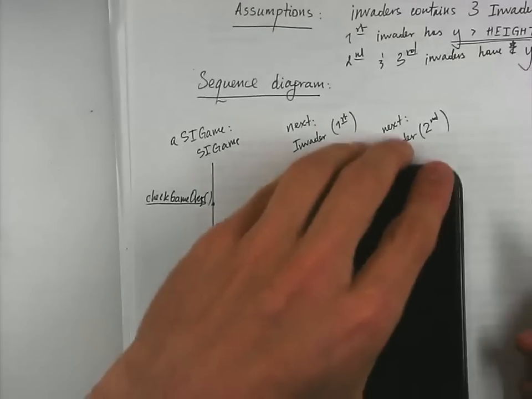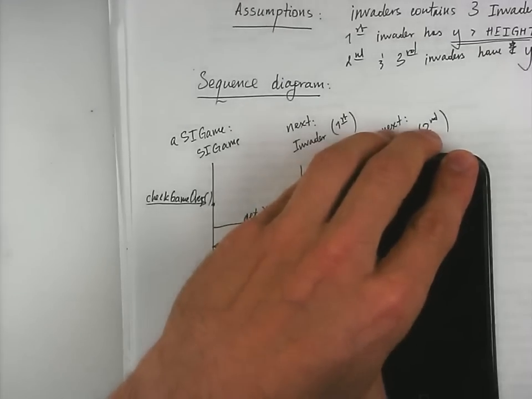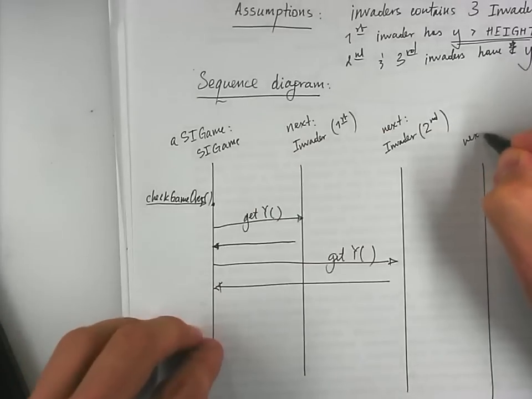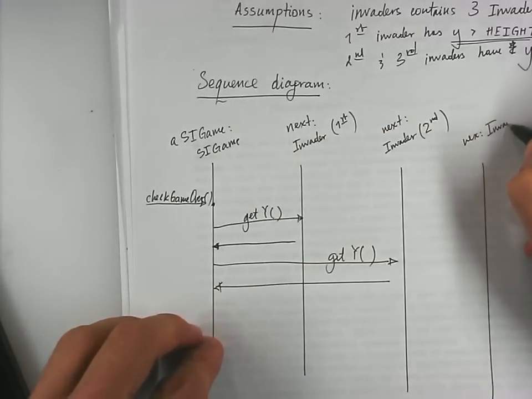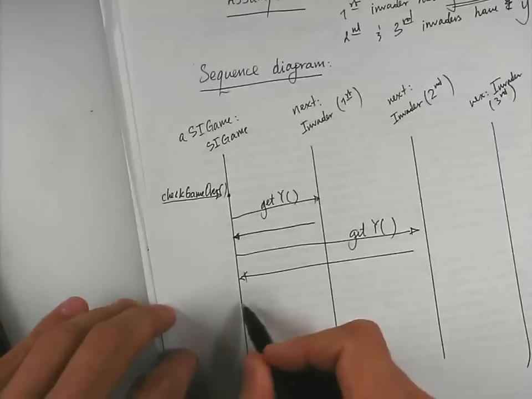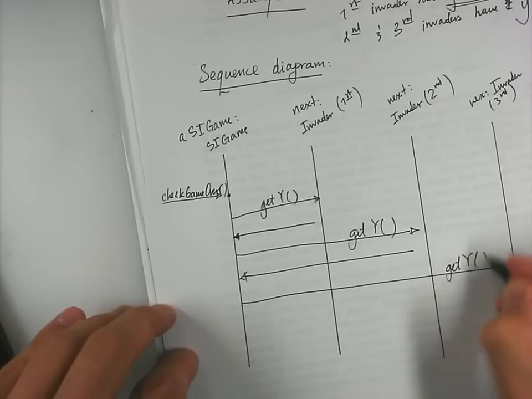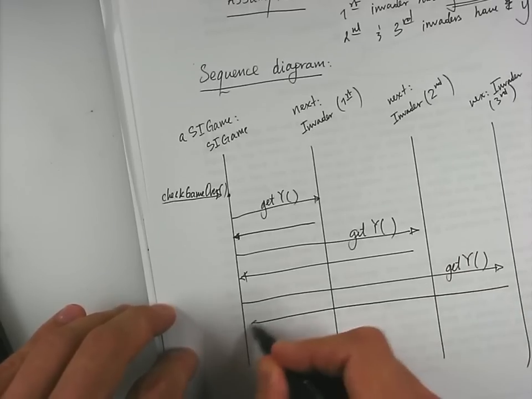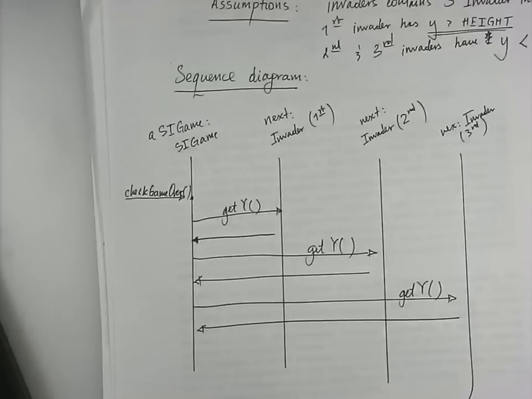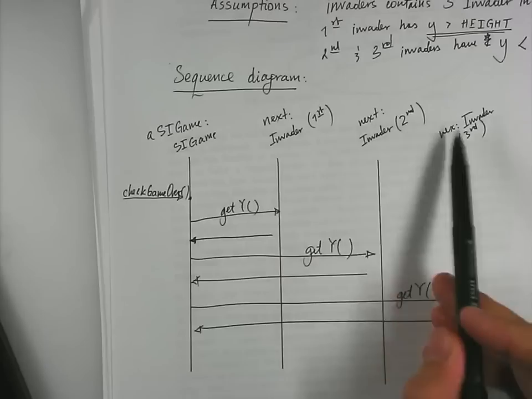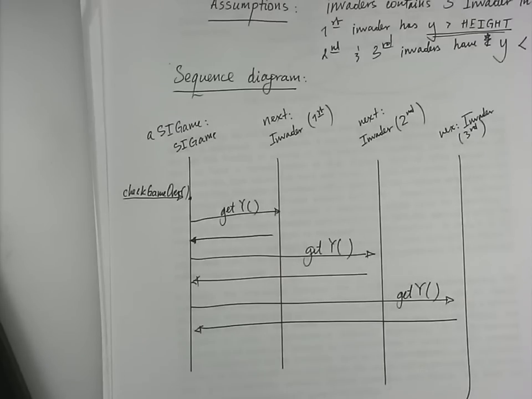The same thing is going to happen for the third. I have a next, it's an invader, the third invader, and now I'm going to call get y. It gets messy with multiple objects. Okay, so now I've executed this loop 3 times, and each of the next instances is diagrammed here because they're actually pointing to different objects.